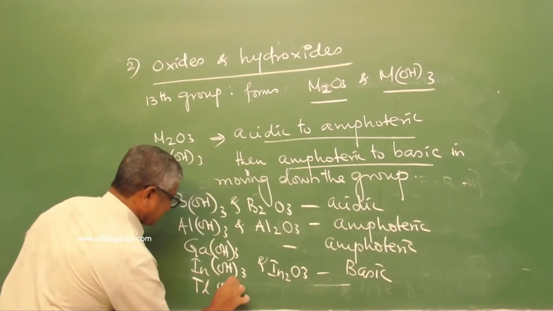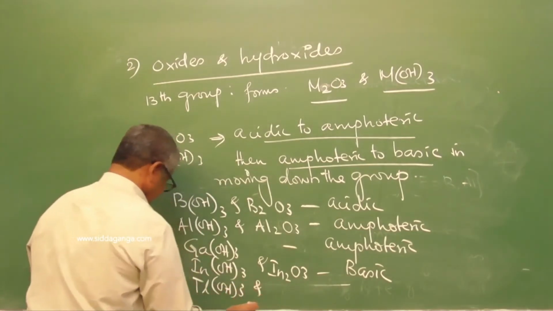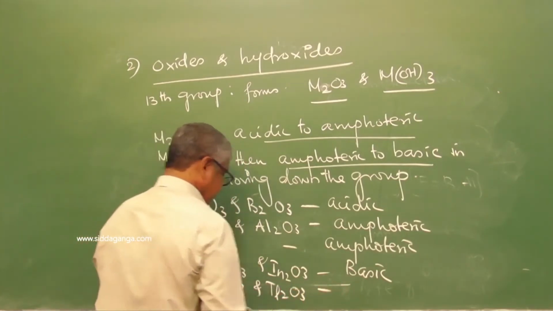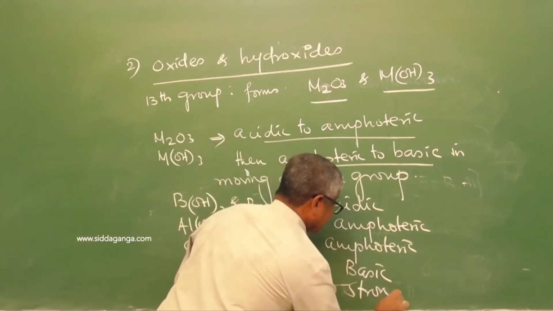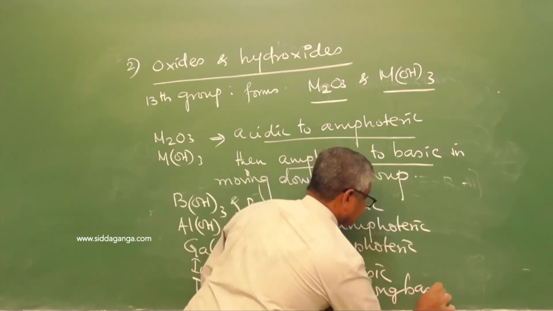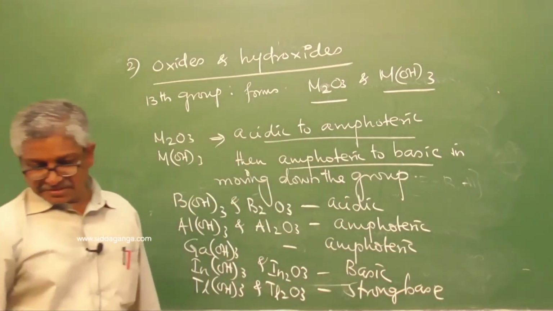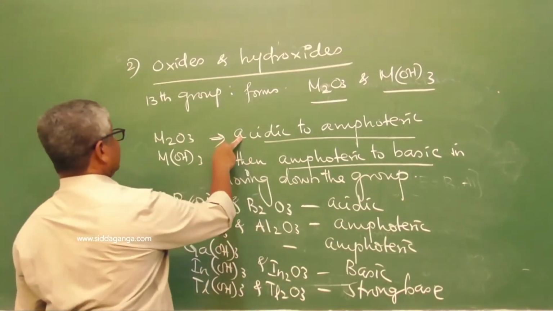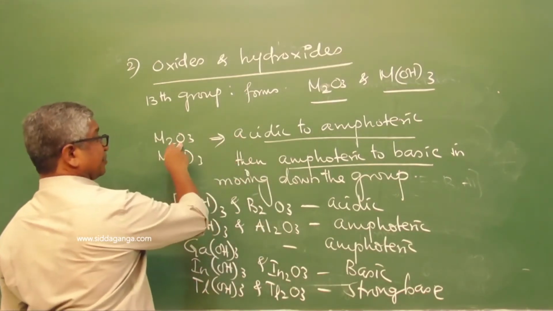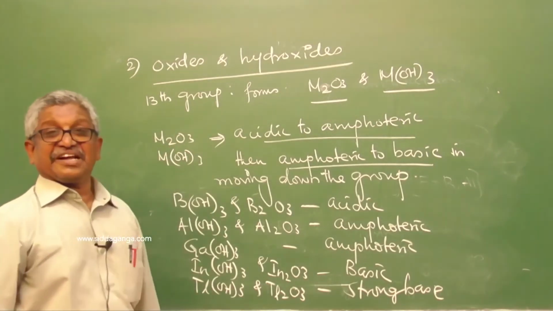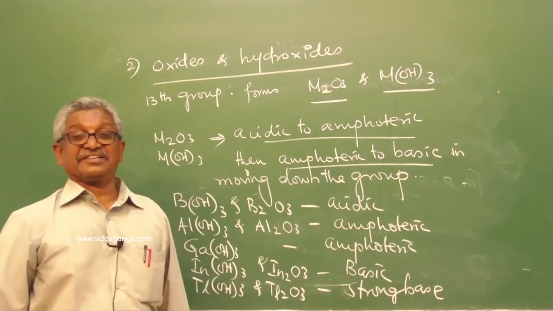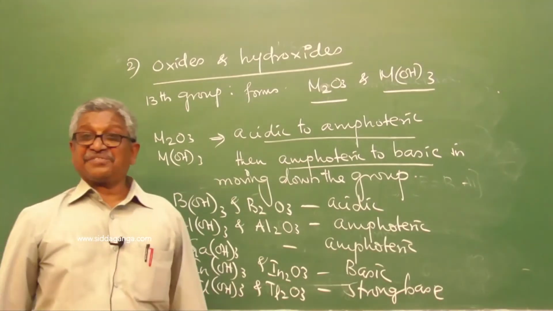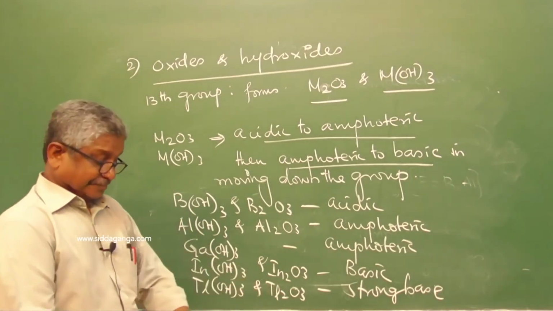Thallium hydroxide and thallium oxide are strong bases. So the nature of the 13th group oxides and hydroxides is acidic to amphoteric, amphoteric to basic.